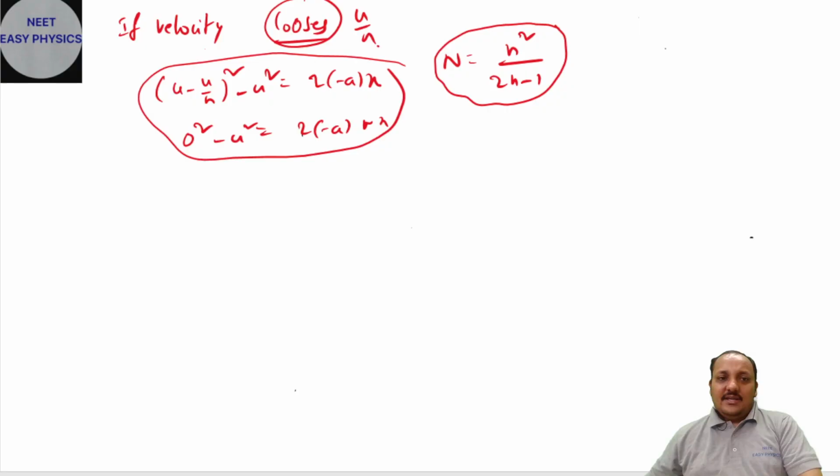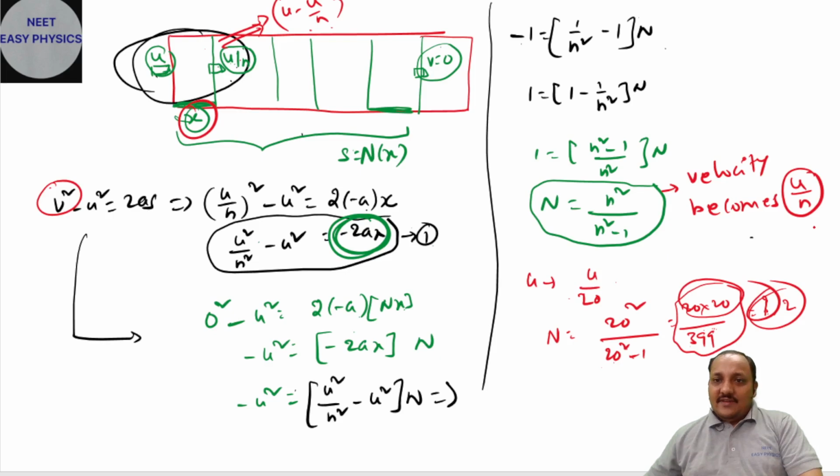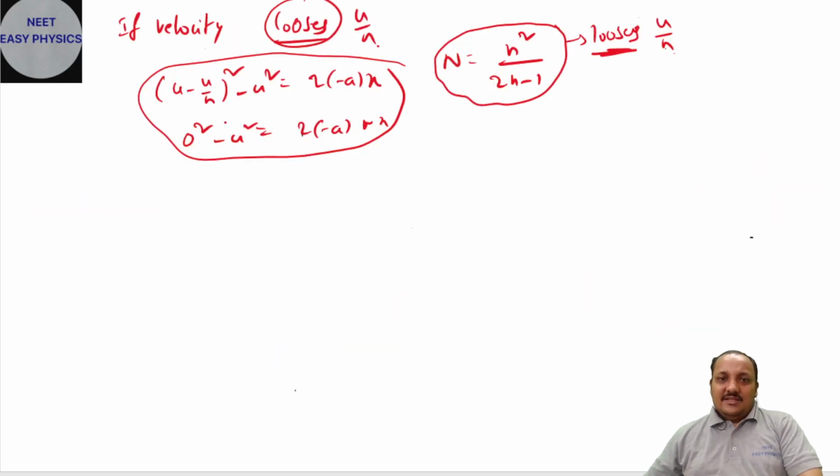So you can see, if velocity loses 1 by n, then it is n square by 2n minus 1. If velocity becomes u by n, then it is n square by n square minus 1. If you derive, you will get this, but we don't want derivation here. Main agenda is this one.